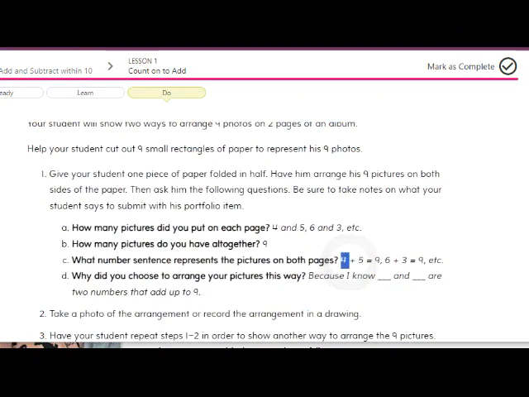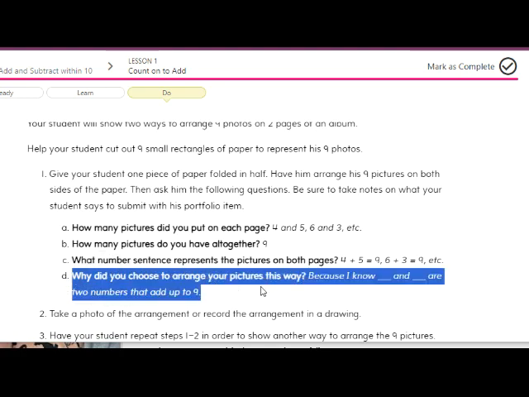So if you are reading a number sentence, you would say it like this: 4 plus 5 equals 9, or 6 plus 3 equals 9. Make sure your number sentence matches the number of rectangles or pictures you have on each side of your paper.